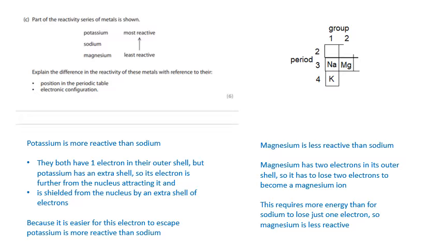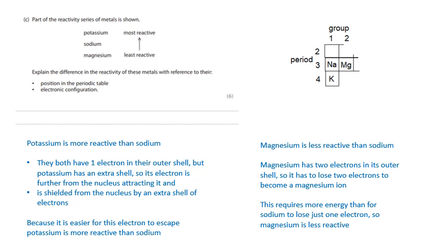So first of all, why is potassium more reactive than sodium? They both have 1 electron in their outer shell because they're in group 1. However, potassium has an extra shell because it's in period 4.